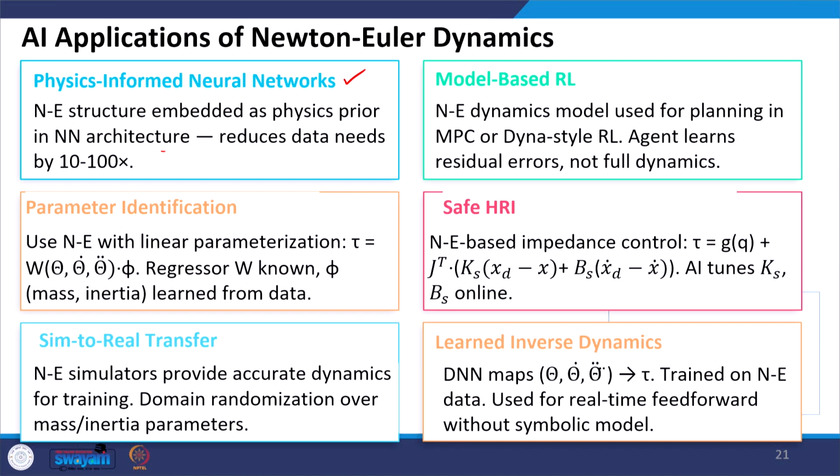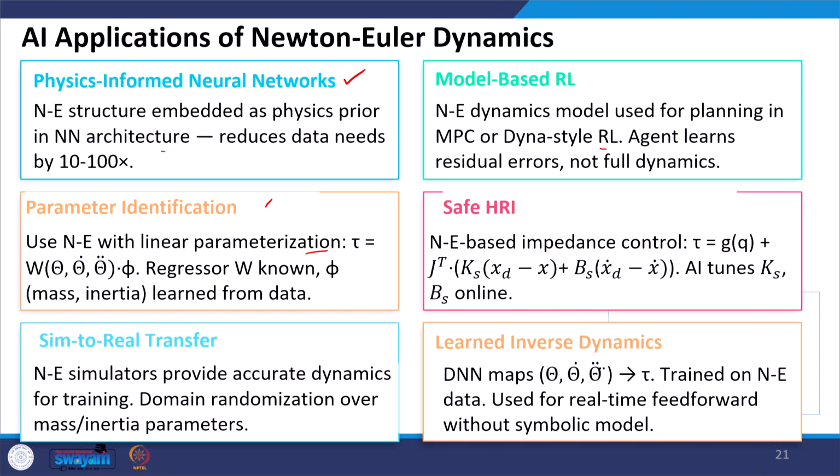We can have model based reinforcement learning, so the Newton-Euler dynamic model is used for planning in MPC or Dyna style reinforcement learning. The agent learns residual errors, not the full dynamics. We can use this for parameter identification, with linear parameterization.